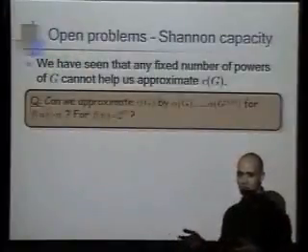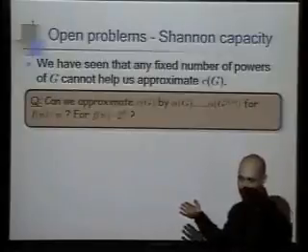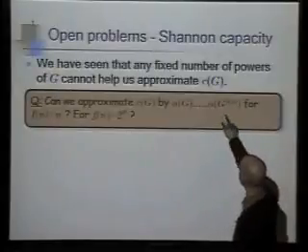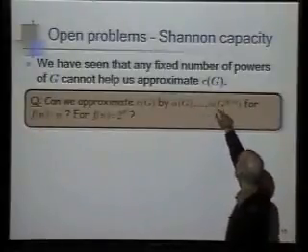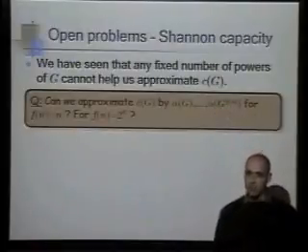The thing is that you can't hide these jumps for too long. You can hide them as long as your number of vertices is large enough. But we believe that if you look at all these numbers up to alpha of G to the n, or n squared, then you probably know enough to approximate the capacity.